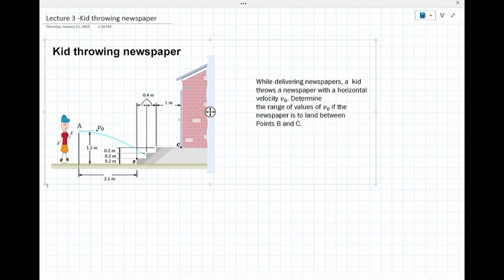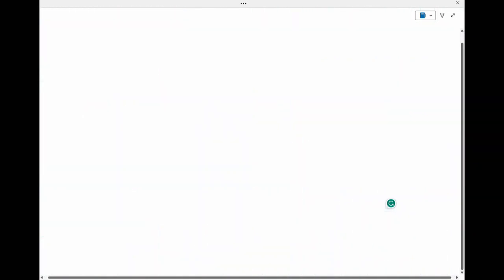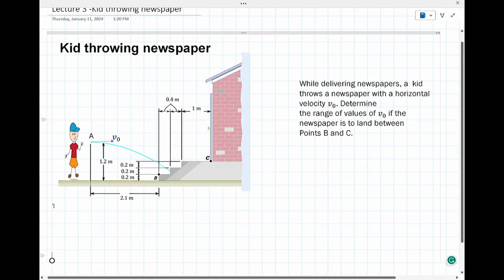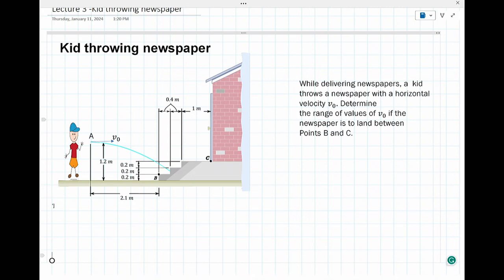Okay, so a typical problem we might deal with, where we start first of all to break down into a Cartesian coordinate system, is something like this. Again, expertly drawn stick figure showing you a kid throwing a newspaper.